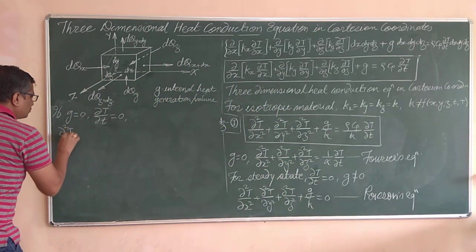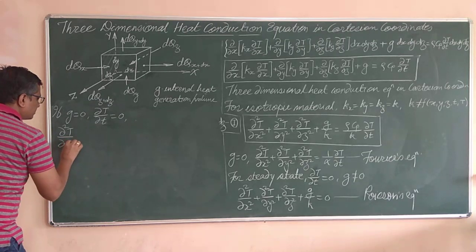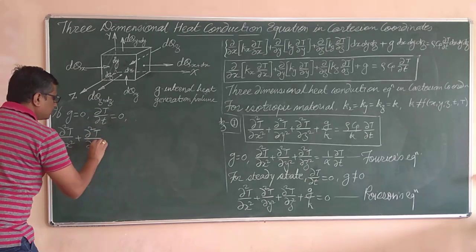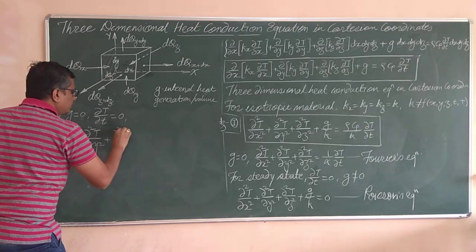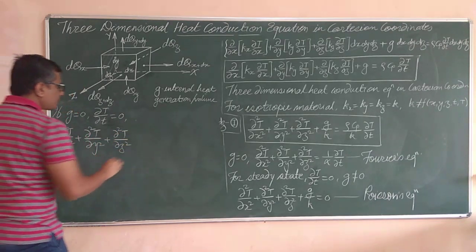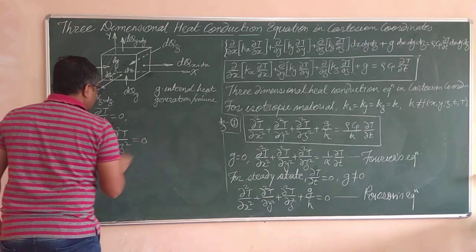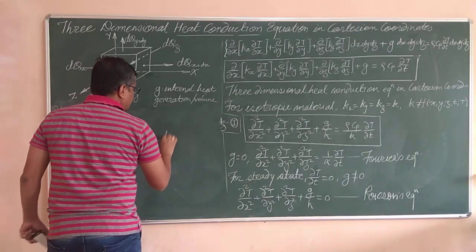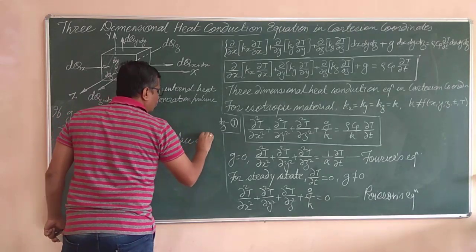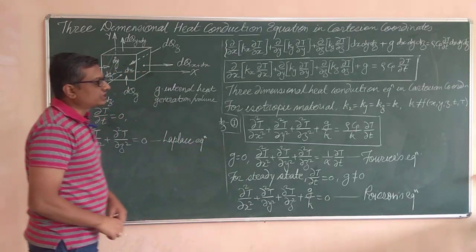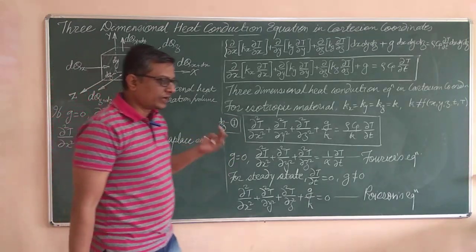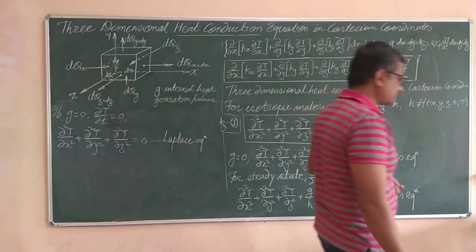It will be ∂²T/∂x² plus ∂²T/∂y² plus ∂²T/∂z², right? That is equal to 0, and this equation is known as the Laplace equation. I hope all of you have studied the Fourier's equation, the Poisson's equation, and the Laplace equation maybe in M1, M2 or M3 somewhere in engineering mathematics.